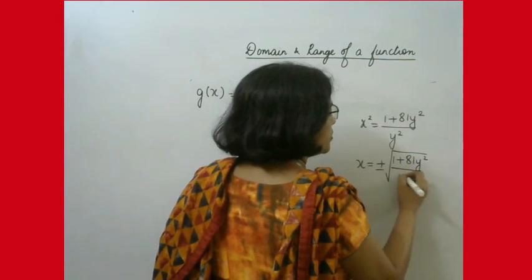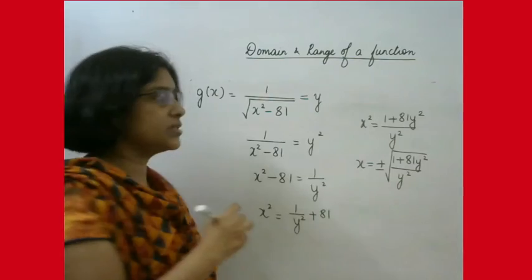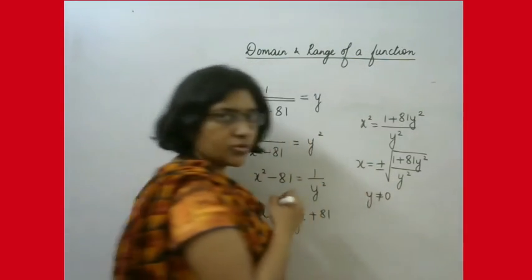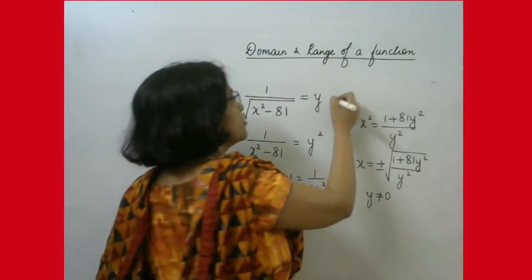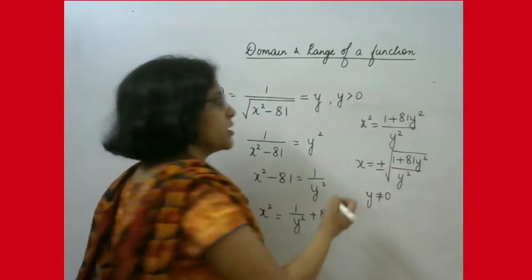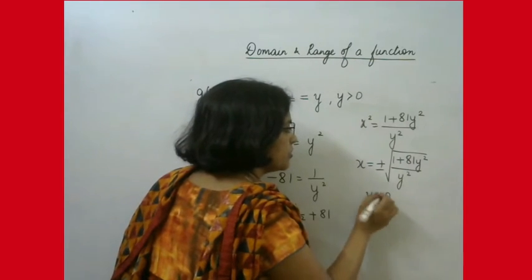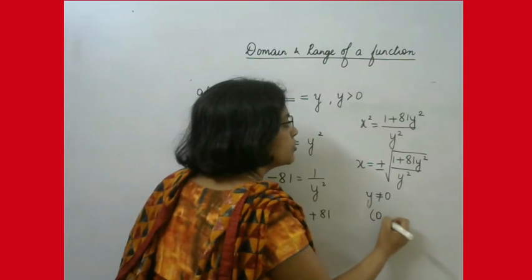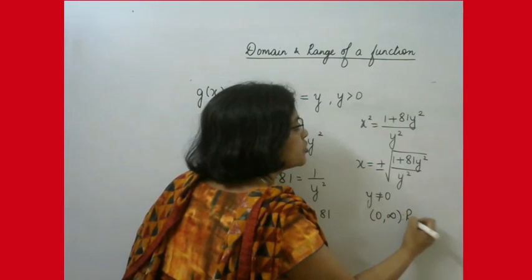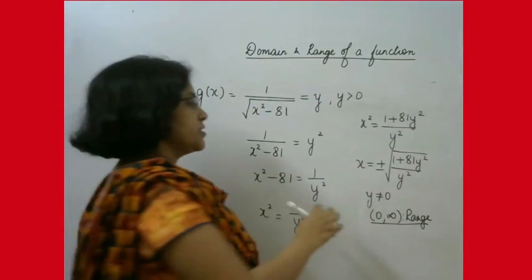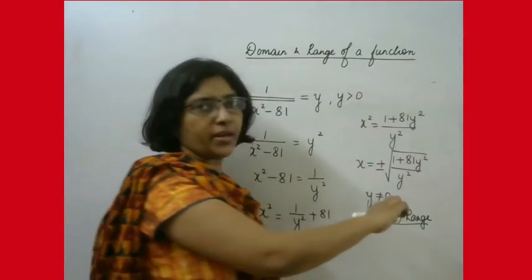The only value which is not allowed here is y equal to 0. So y not equal to 0, and from here we know that y is greater than 0. So that's fine. It becomes the open interval 0 to infinity. This is the range of the function. Since 0 is not allowed, open bracket.